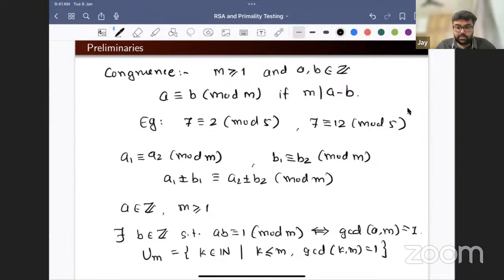If you take any two numbers, the product of the two numbers also belongs to U_m. Again, one is the identity element, and the inverse is also satisfied using this property.